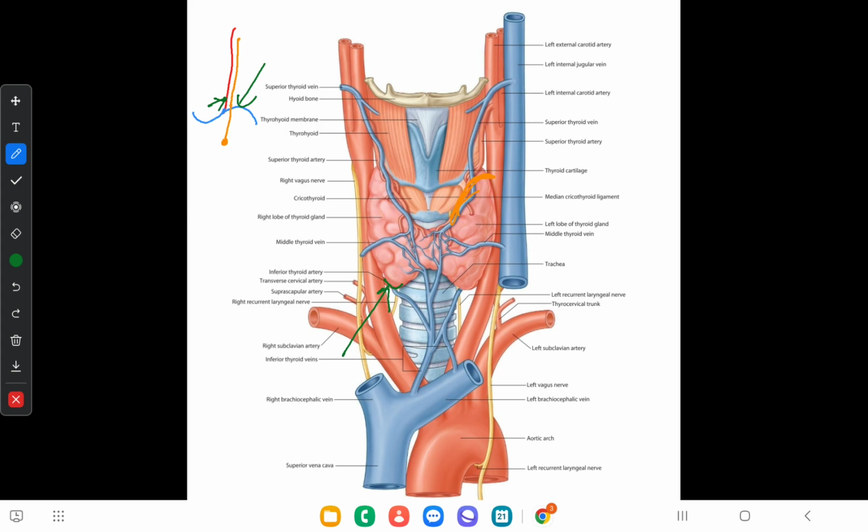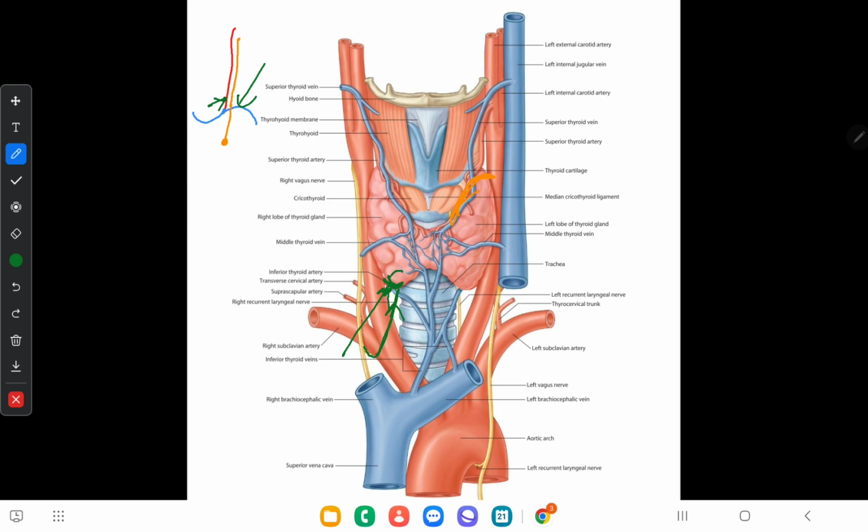Then it enters the lower pole of the gland like this, and it is very close to the recurrent laryngeal nerve. You can see this is the recurrent laryngeal nerve, this is the inferior thyroid artery. At the lower pole, these two are very close.